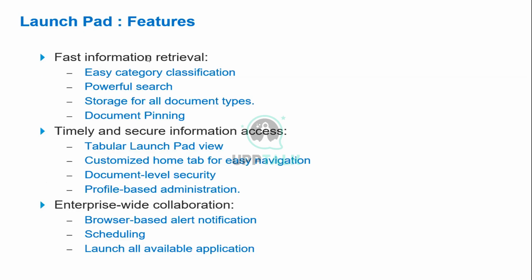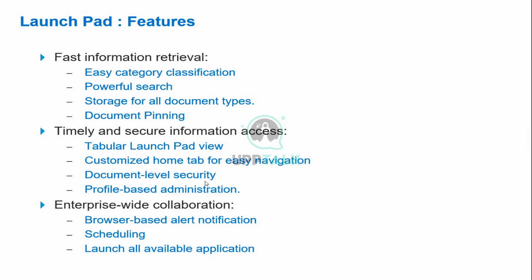The second feature is timely and secure information access. The information is very much secured here. Tabular Launchpad views, customized Home tab for easy navigation. The tabs can be customized based on our requirement and preference. There is document level security.